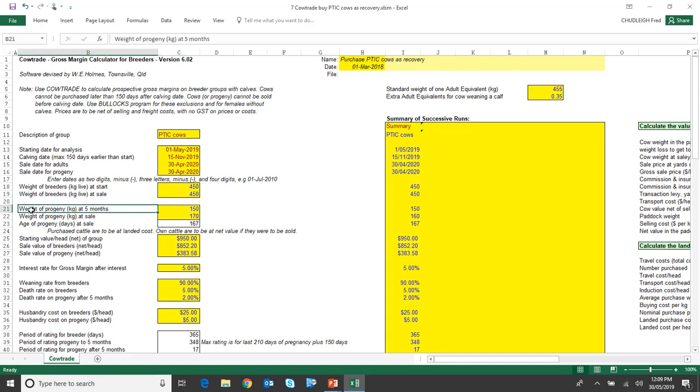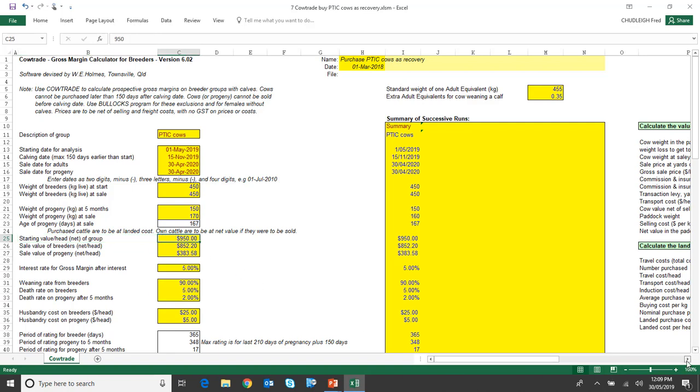The reason we do that is to work out a weighting on the cow for the extra energy she needs to provide that late pregnancy and early lactation stage up to 5 months. Then once they're post 5 months, we rate the grazing pressure applied by the calf post 5 months until it's sold. And then the weight of the progeny at sale, which we said is 170 kilos. Now, the starting value of the group, 950.